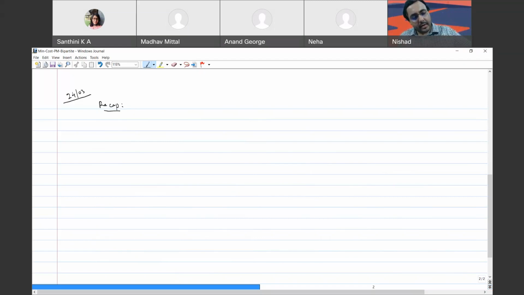So if M is a perfect matching and Y bar is a dual feasible solution, and let's suppose that for each edge UW, if the edge is in the matching, then we know that the constraint holds tightly.